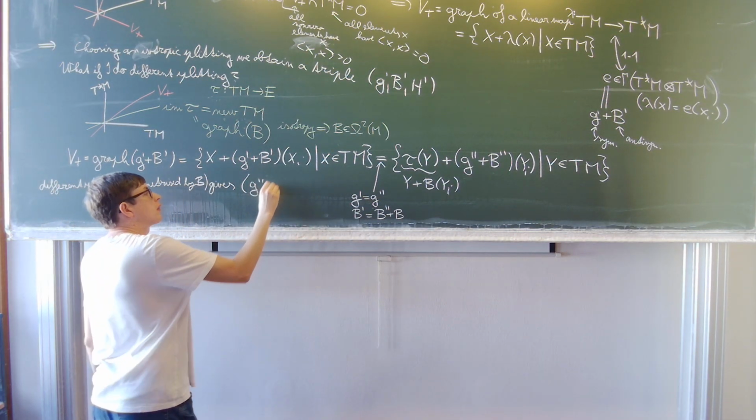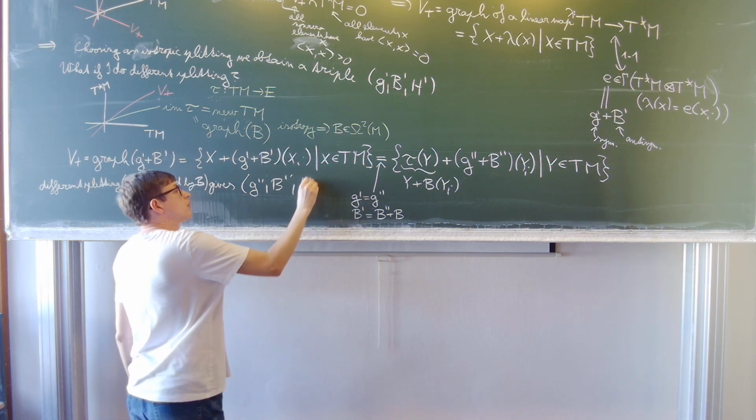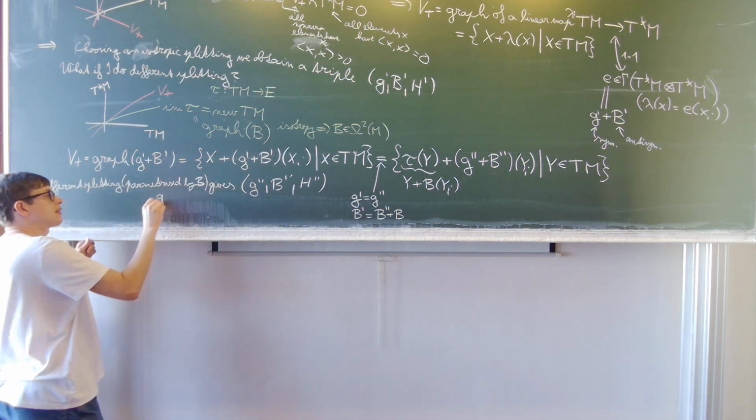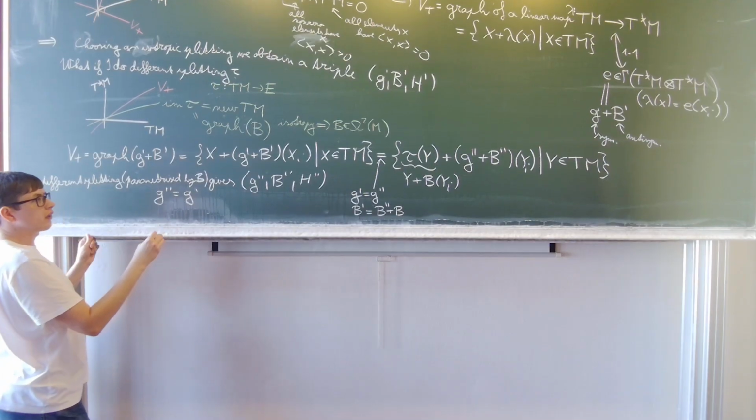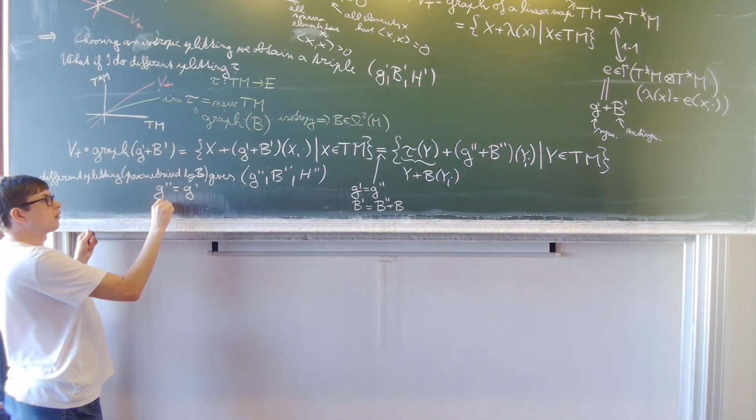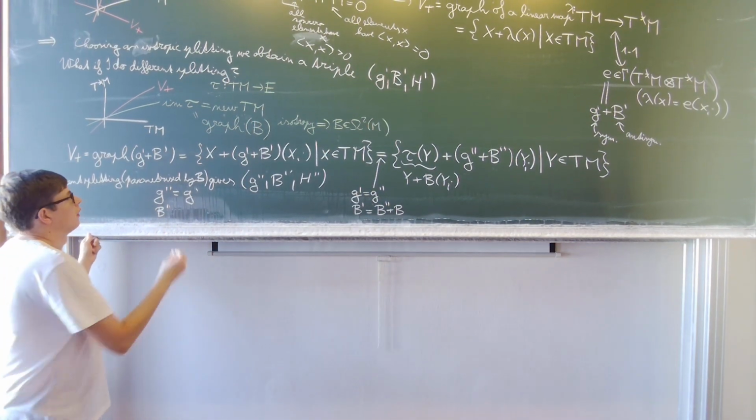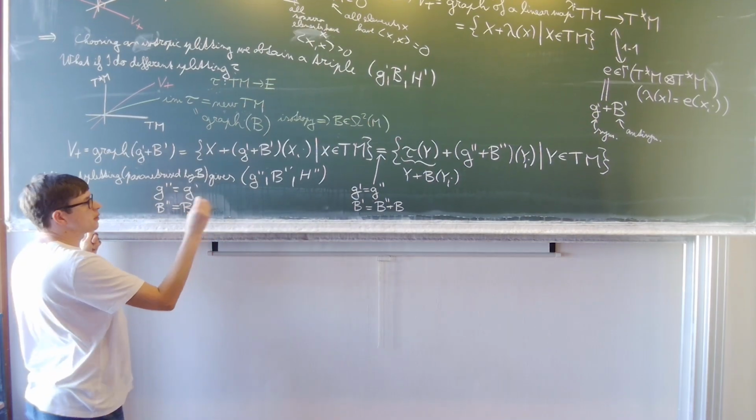The important thing is that this metric is the same as it was before. The 2 form will be the original one where I guess we subtract b.